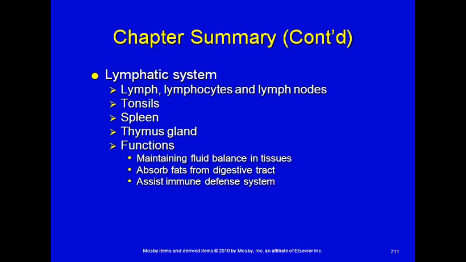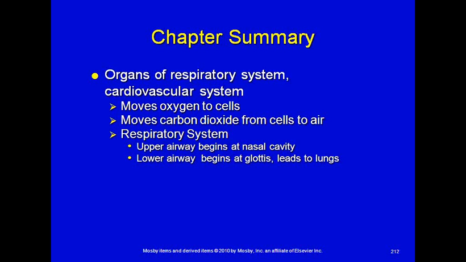The thymus gland, located in the neck, and how it regulates calcium. And the lymphatic system's function is to maintain fluid balance, to absorb fats from the digestive tract, and assist in immune defense.